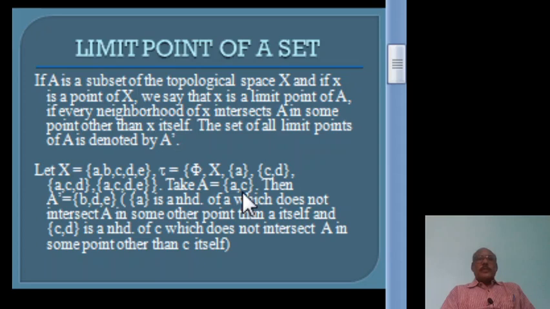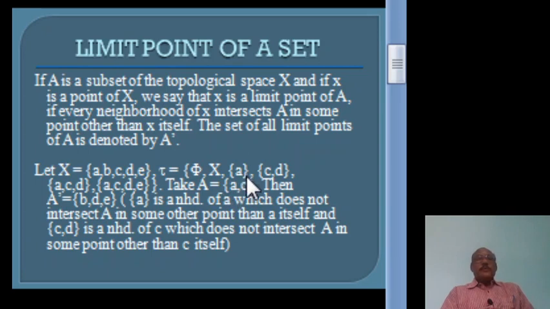Let us start from the first point A. Here we say that singleton A is a neighborhood of A. And it intersects capital A. Then immediately don't say that A is a limit point of A, because this neighborhood singleton A intersects A, but it must intersect A in some point other than A. Therefore, this A is not a limit point of A.